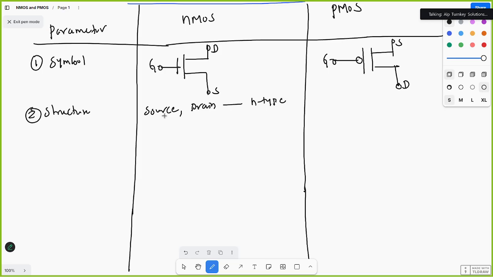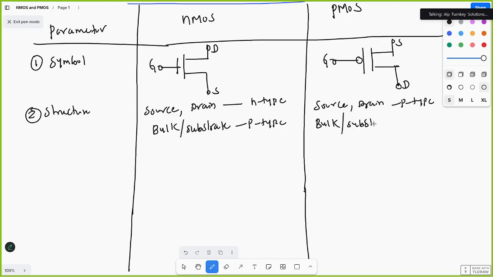N type. And bulk or substrate is P type. And here in PMOS, source and drain are P type, and bulk or substrate is N type.